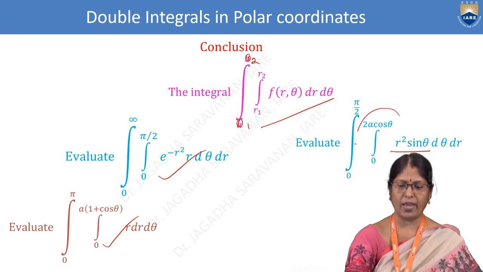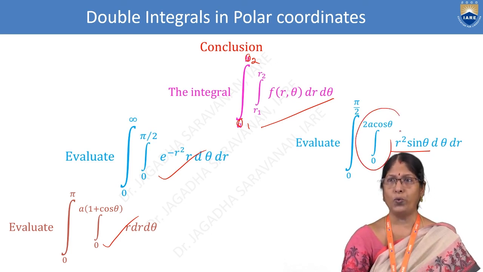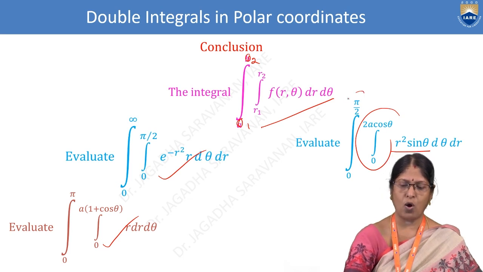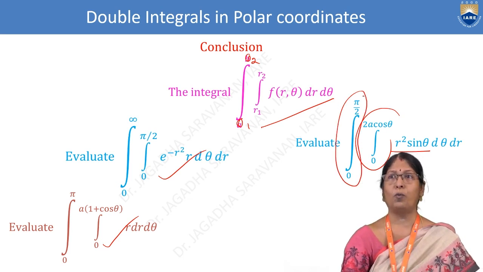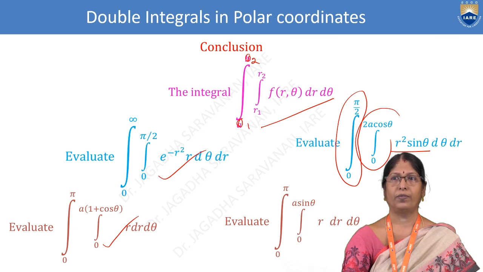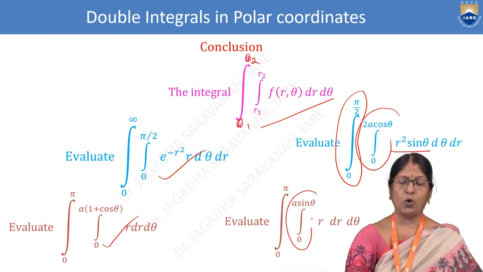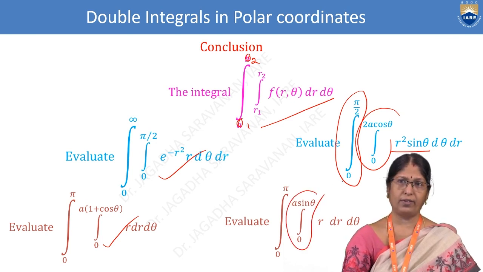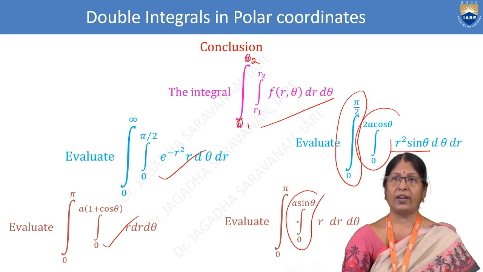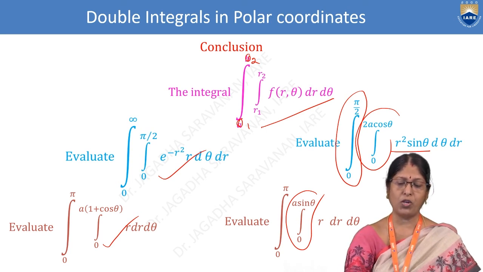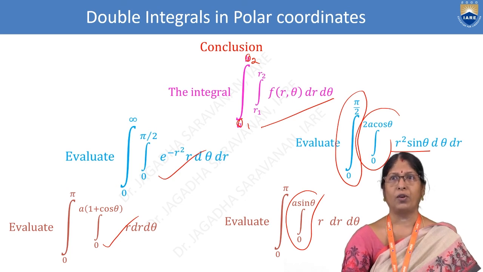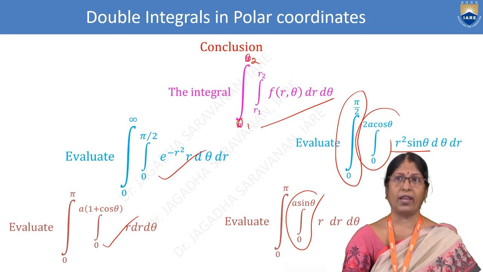The interior one is 0 to 2a cos theta, and the outer one is 0 to pi by 2. One more problem we also discussed, that is interior integration from a to a sine theta. So we discussed different problems regarding double integrals in polar coordinates.